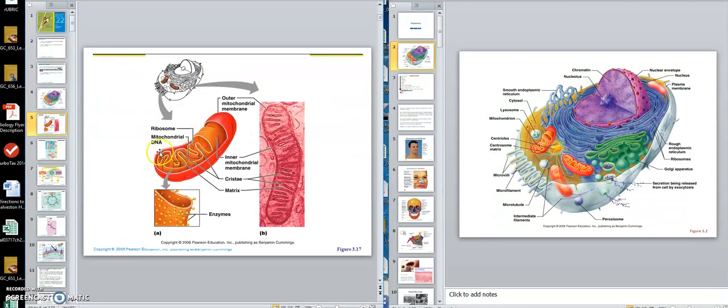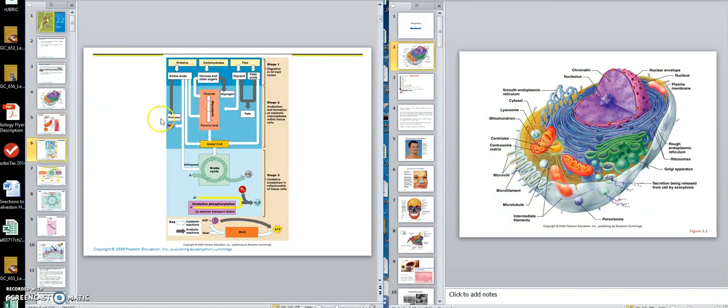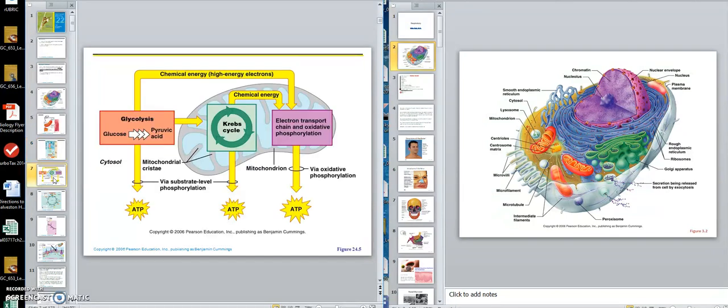That structure right there. We know here's metabolism. Here's the Krebs cycle. All of this right here happens inside the mitochondrion, the Krebs cycle and the electron transport chain. There's the electron transport chain, makes ATP. The Krebs cycle makes a little, but this is really where the work is, there.